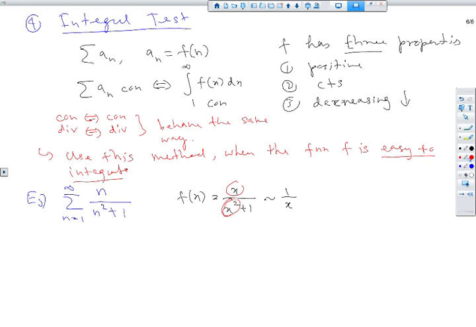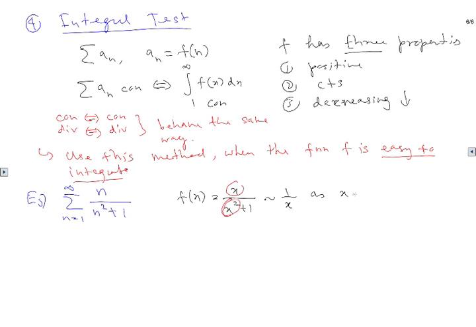So it is asymptotic to 1 over x as x goes to infinity, or for large x. Now we consider the properties of 1 over x, because we can ignore the first few terms of a series, so we don't worry about what happens at the beginning. So we only worry about 1 over x.